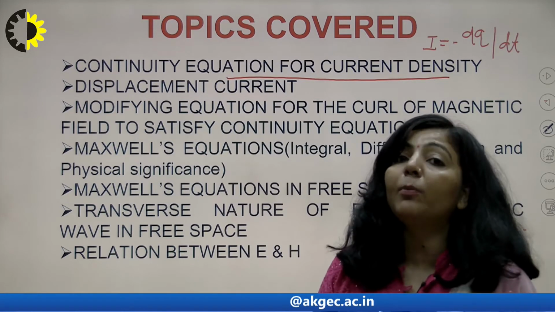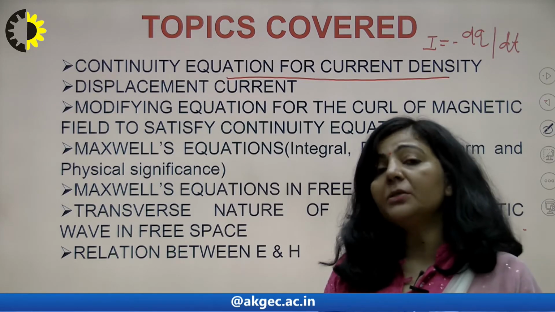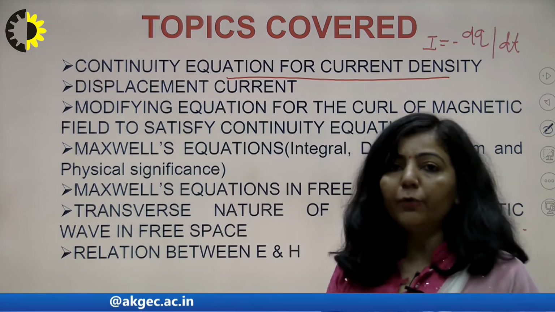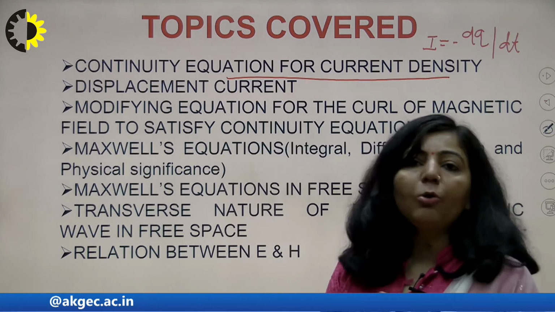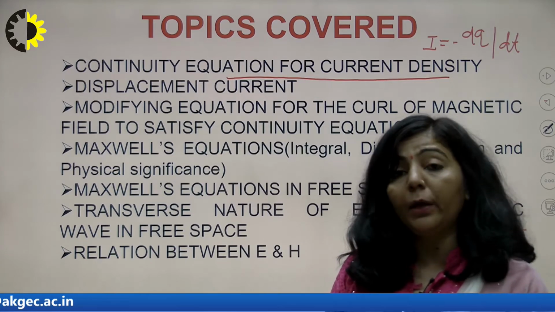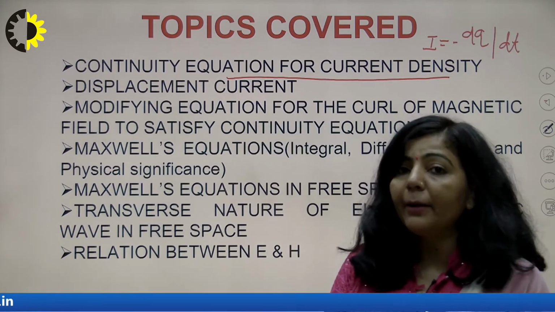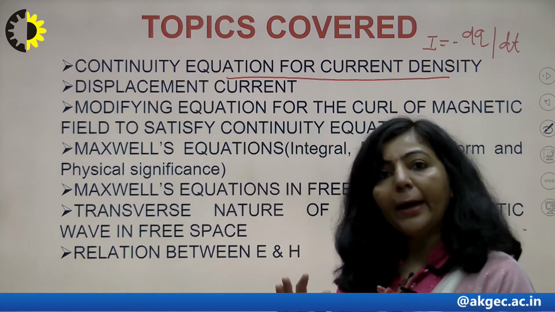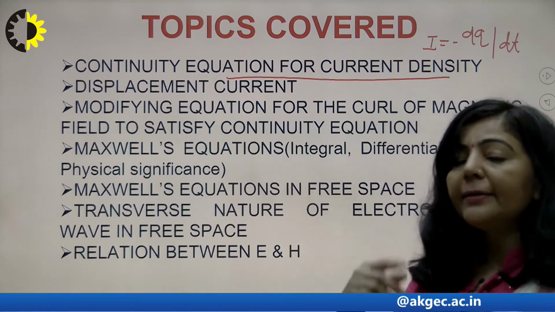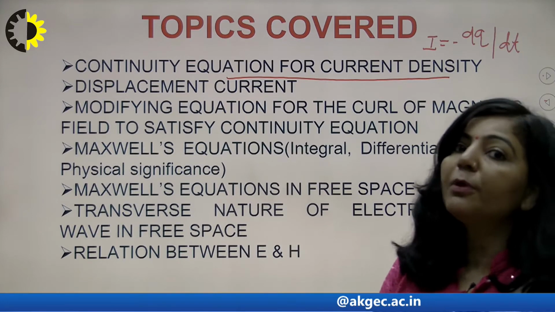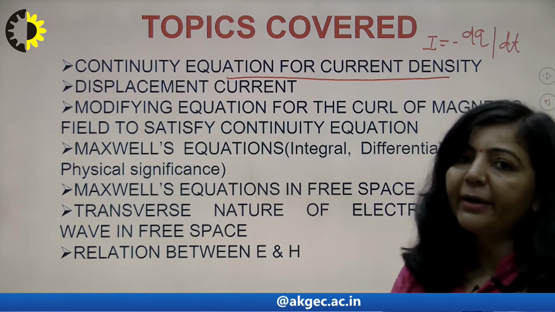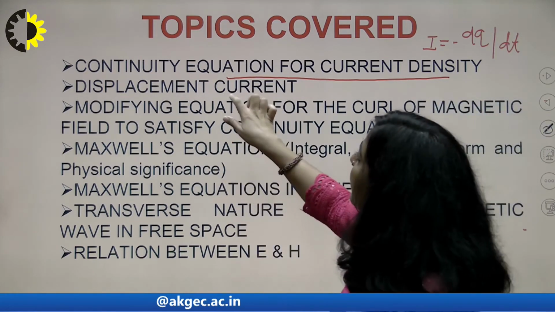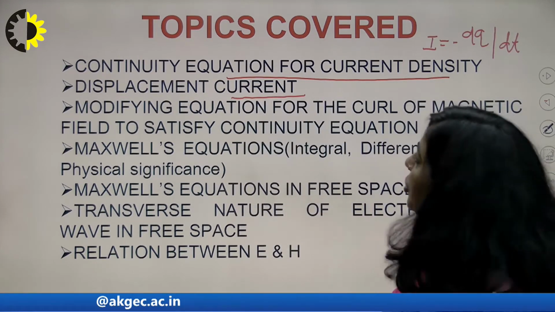But what we observed there was that Ampere's law can explain the magnetic field for the connecting wires, but it cannot explain the presence of a magnetic field between the two plates of the parallel plate capacitor, where there is no actual flow of electrons. There we discussed that a time varying electric field is responsible for the magnetic field, and whenever there is a magnetic field we can say there is current. So we discussed this displacement current in detail in our last lecture.